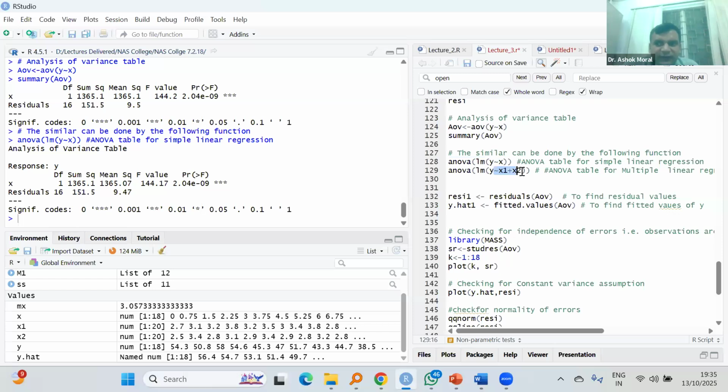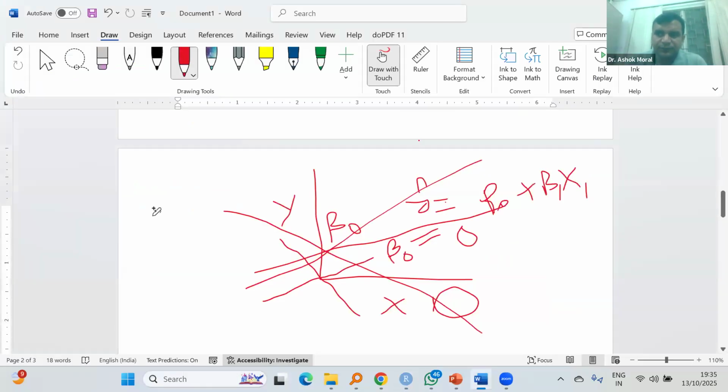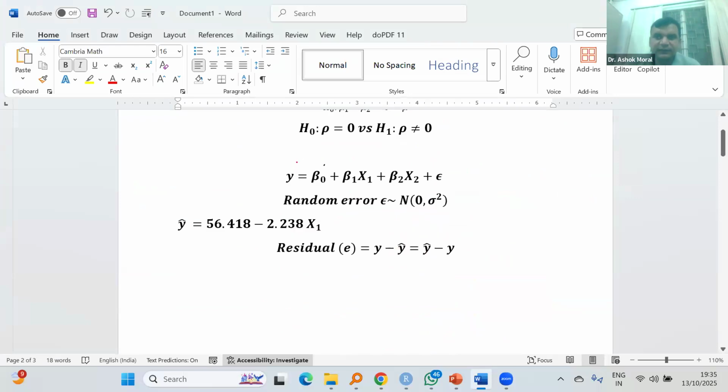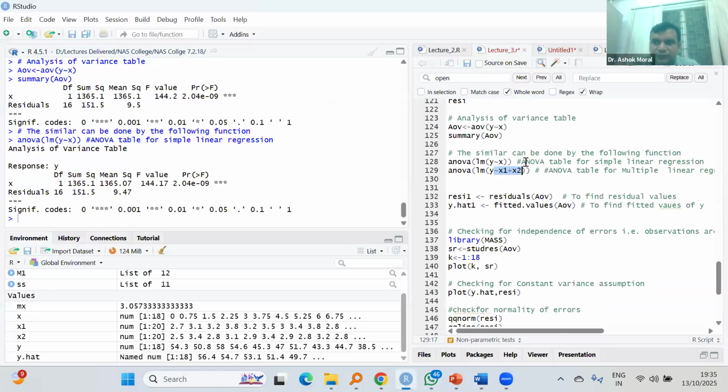And if we have more than one independent variable, then we can use x1 plus x2 plus x3 plus x4. This is for this particular model. इसकी हम बात कर रहे हैं. बीटा नोट प्लस बीटा 1 x1 plus beta 2 x2. यदि दो इंडिपेंडेंट वेरिएबल है तो दिस मॉडल कैन बी यूज्ड. lm y follows x1 plus x2 या aov y follows x1 plus x2.